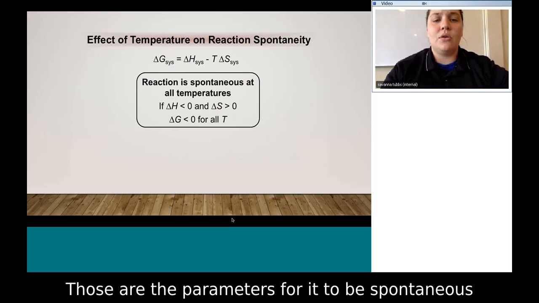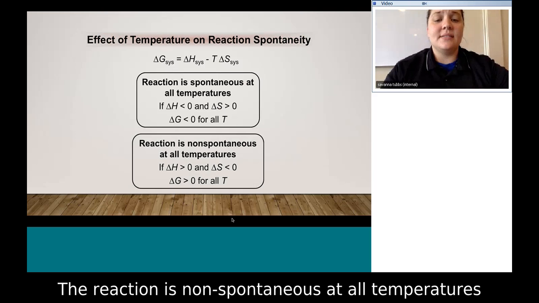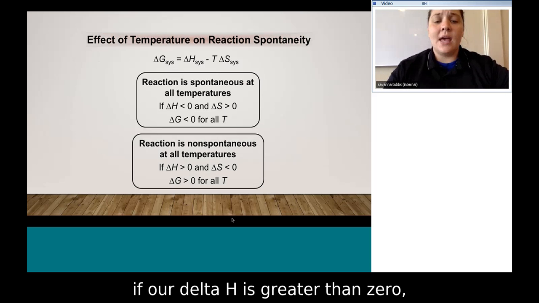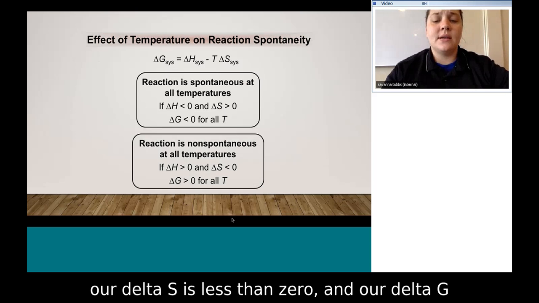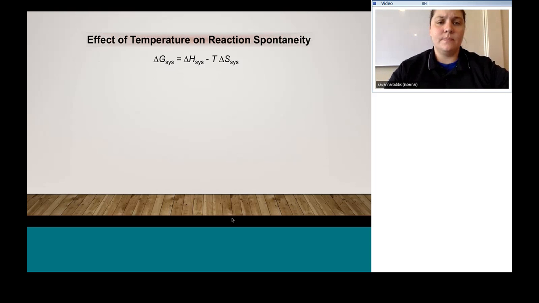Those are the parameters for it to be spontaneous at all temperatures. The reaction is non-spontaneous at all temperatures if our delta H is greater than 0, our delta S is less than 0, and our delta G is greater than 0 at all temperatures.